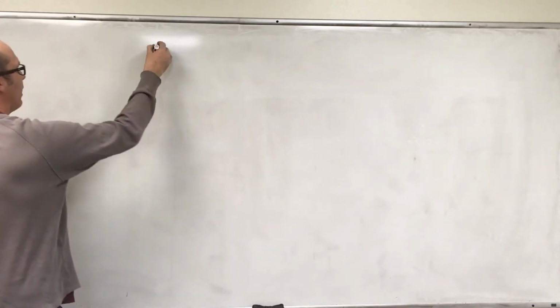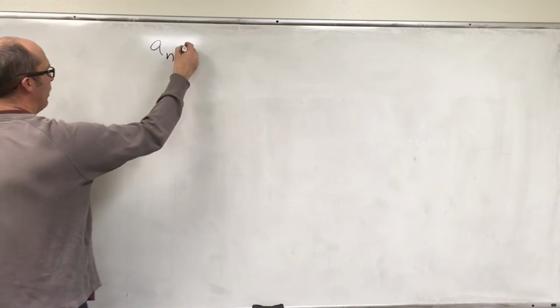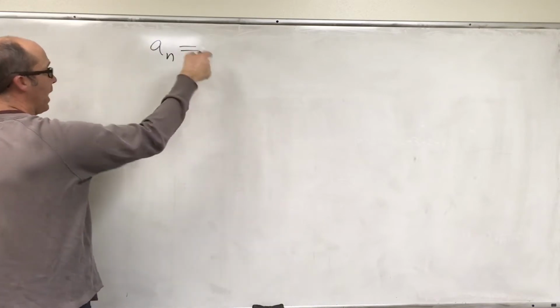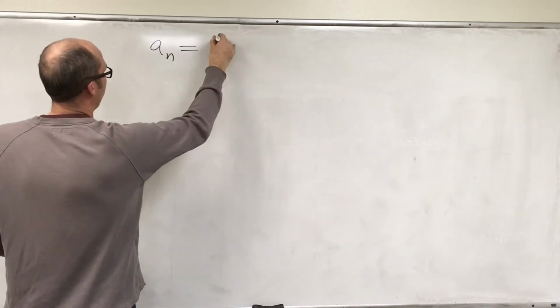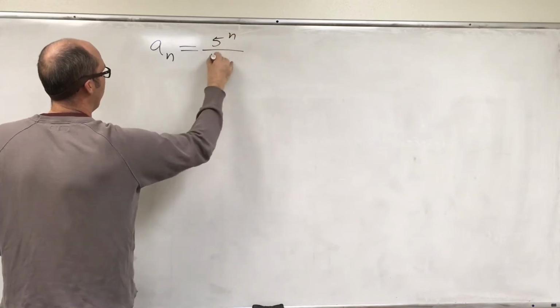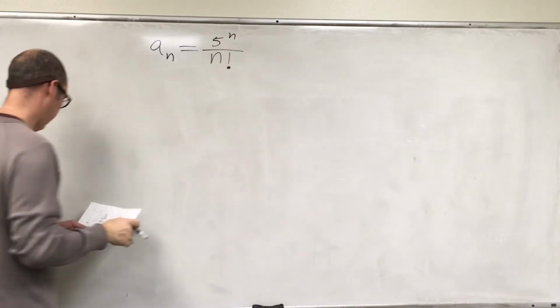Okay, now we're going to investigate the limit of the sequence defined by a_n is 5 to the n over n factorial.